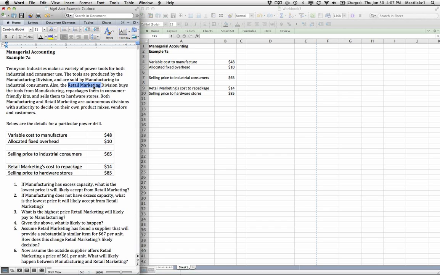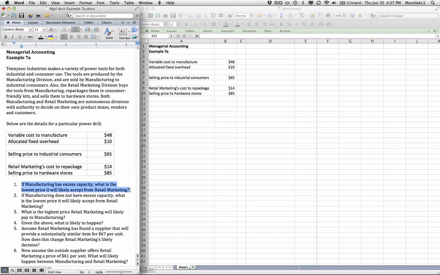So let's take a look at the questions that we are asked to answer. First, if manufacturing has excess capacity, what's the lowest price it will likely accept from retail marketing? In this setting, manufacturing has a choice whether to sell to retail marketing or to the outside market.